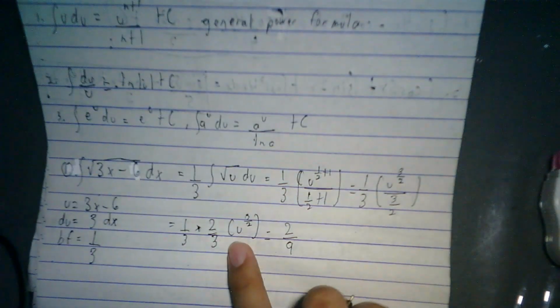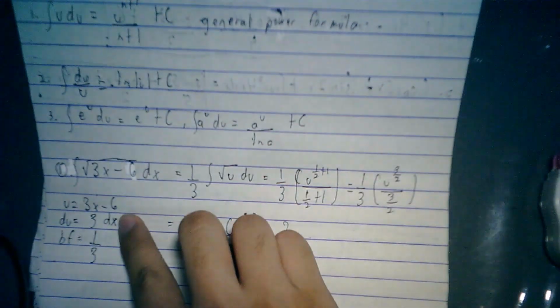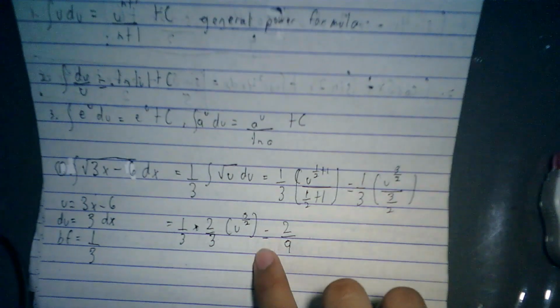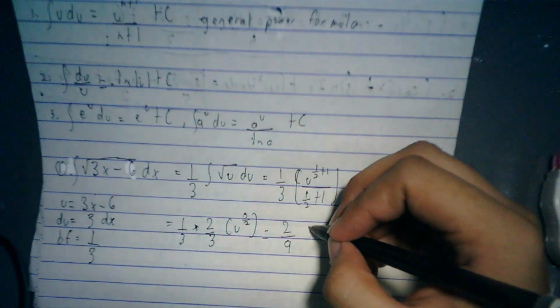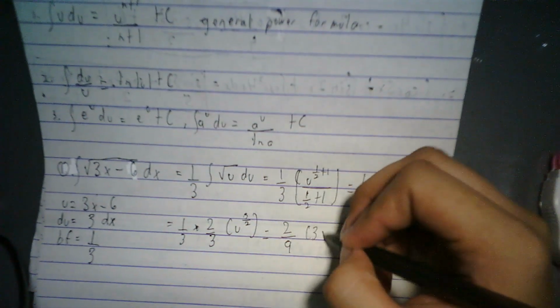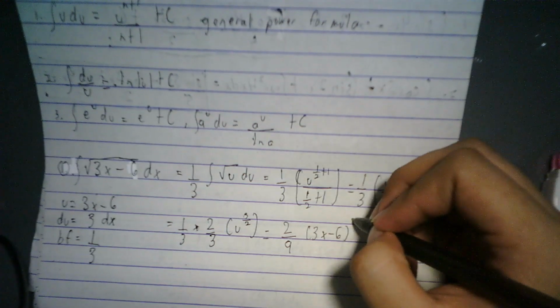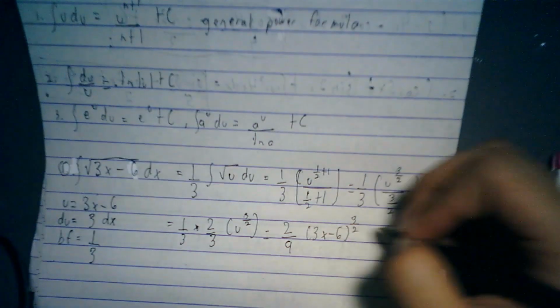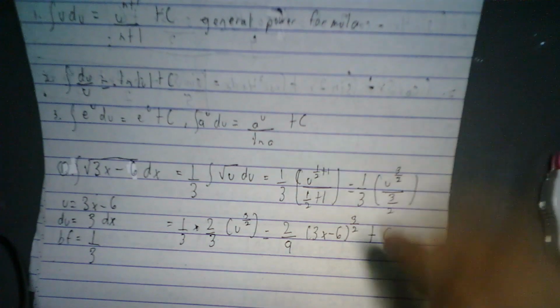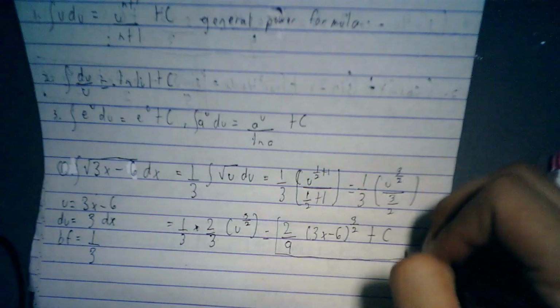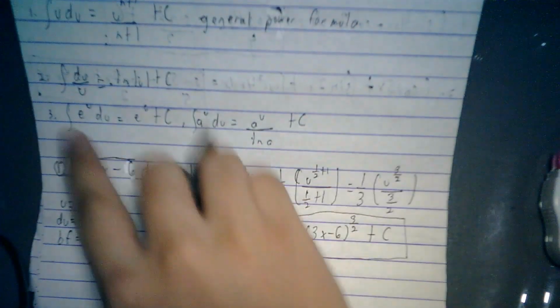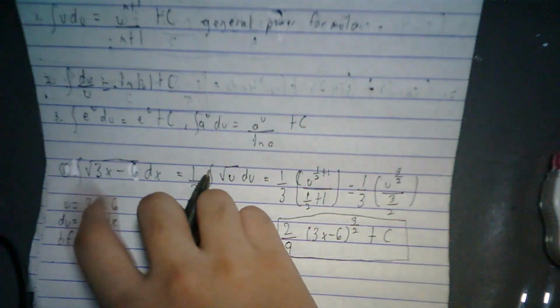Now we substitute the u back here. Okay, then 2 over 9 times 3x minus 6 raised to 3 over 2 plus c. Don't forget the plus c, or the arbitrary constant. So this is our answer for example number 1.